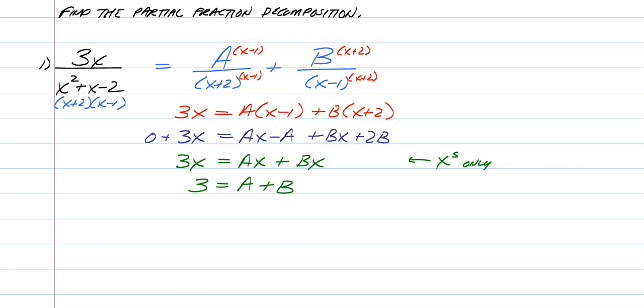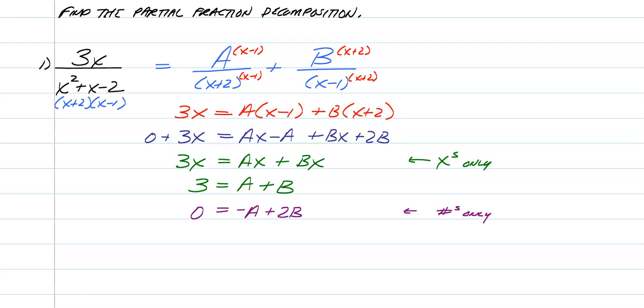That is one of your equations. And then you are going to do another one that is just your numbers only, or your constants. And that's why we needed to add a 0. So we have 0 is equal to negative a plus 2b. Okay? And that's what we've got.